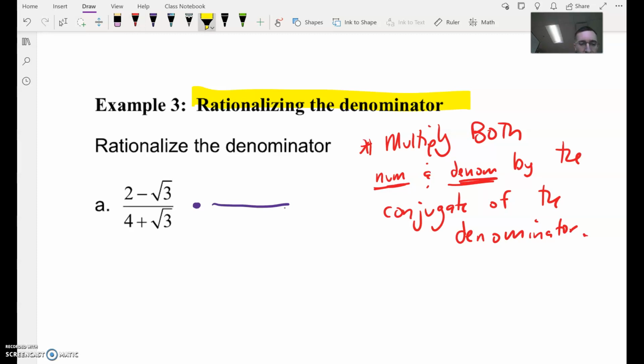So I go and I look at what my denominator is. It's 4 plus the square root of 3. So I'm going to multiply the top by 4 minus root 3. I'm going to multiply the bottom by 4 minus root 3.